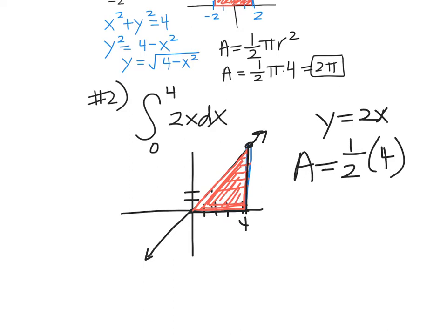The height is whatever this y value is when x is 4. So if I take 4 and plug it in over here, I get 8. So then area would equal 1/2 times 4 times 8. Half of 4 is 2, 2 times 8 is 16. And so the integral from 0 to 4 would then be 16.